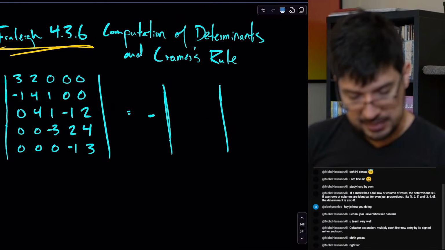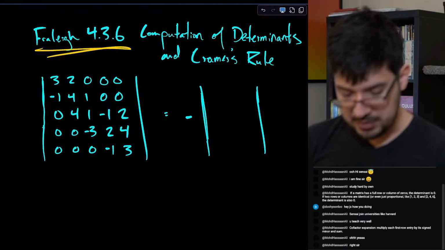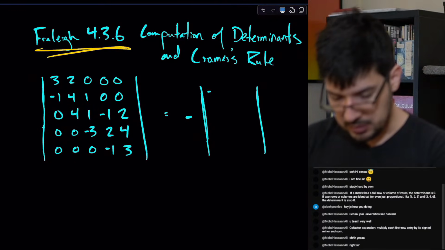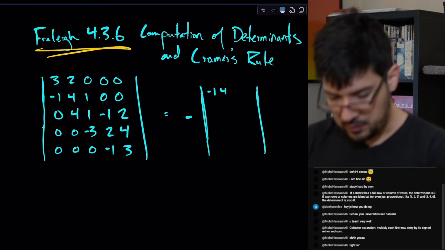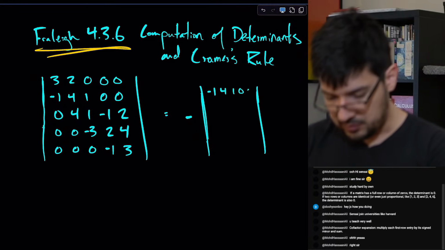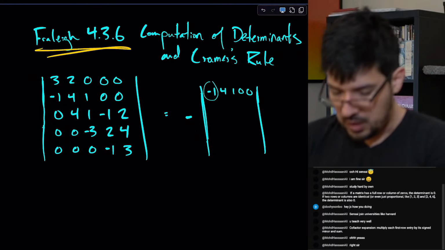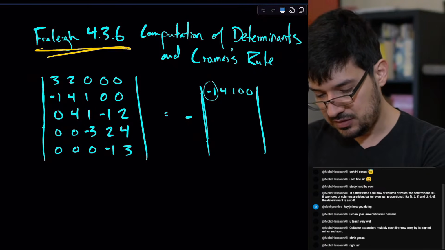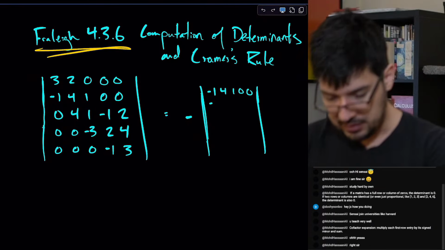So this determinant is equal to the negative determinant of, I want to swap the first and second rows, -1, 4, 1, 0, 0. I like working with 1 in my top left, in the pivot entries. It just makes your life easier, I think.